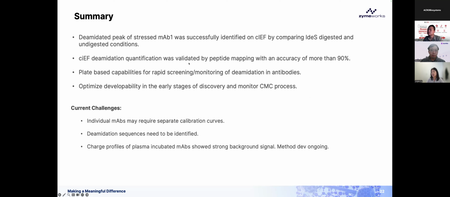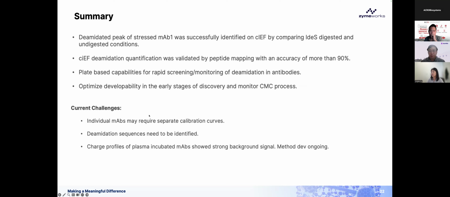It is also a plate-based assay and will have the capability for rapid screening of deamidation in antibodies. And we hope this method can be used to optimize deamidation developability in the early stage of discovery and help monitor the CMC process. However, there are still some challenges for this method.